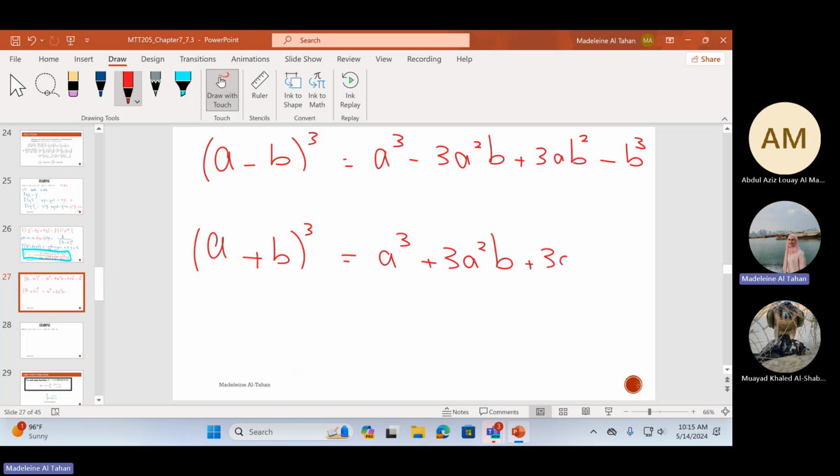Binomial function. Even if you forget the formulas, that's okay. You can write it as (a minus b) squared into (a minus b) and so on.